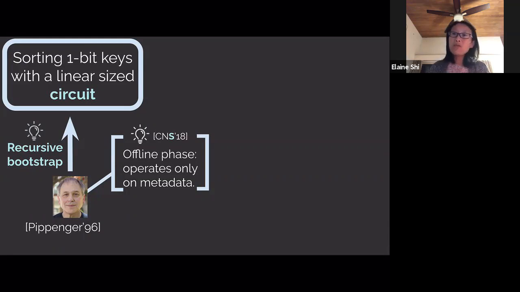Interestingly, the offline phase depends only on metadata and never looks at the elements' payload strings. Also, it's the offline phase that's causing the n log n, whereas the online phase is easier to implement in a linear size circuit. By exploiting the fact that the offline phase operates only on metadata, we use a recursive bootstrapping technique to squash the n log n to something like n poly log star n.